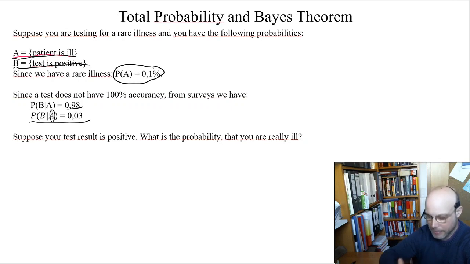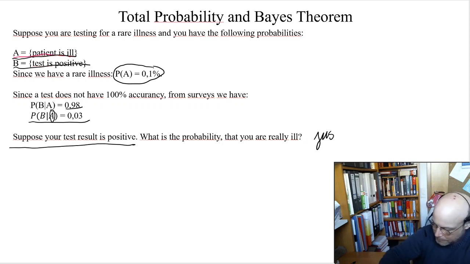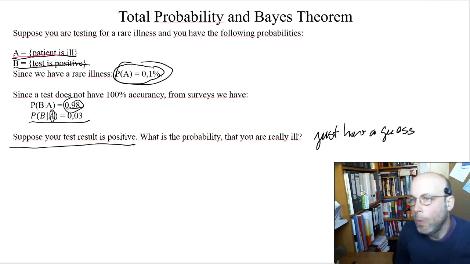And now we want to see what we want to calculate. Our test is positive. What is the probability that I myself am really ill? Again, just have a guess. If we take these numbers, 98% accuracy, very rare illness of only 1 per mil, and 3% false positive. Just have a guess.